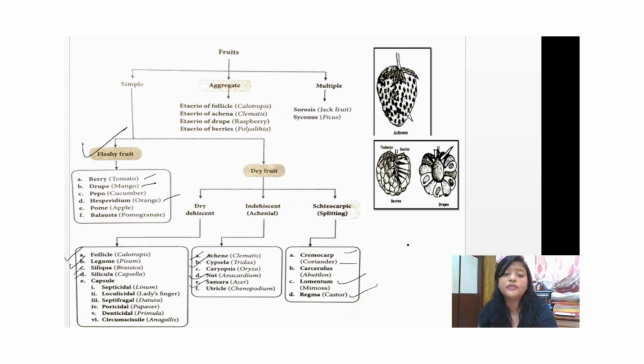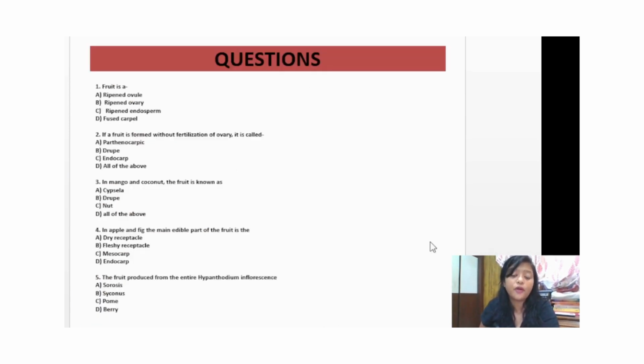These are examples you have to remember for the exam because they come in the exam. So these are some questions that I have given you.